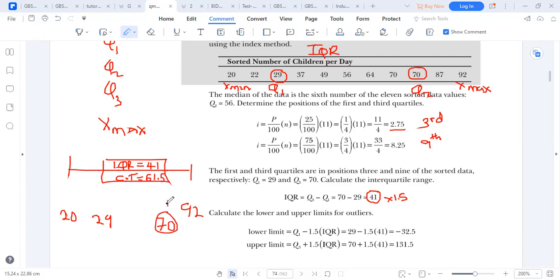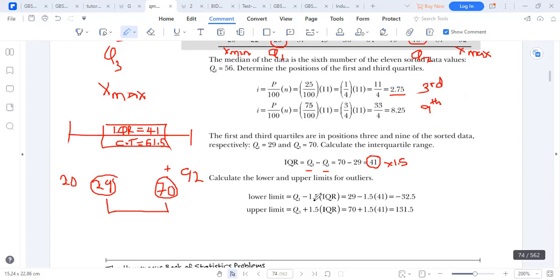Hello, Collins. I just want to find out where the 41 is coming from? The 41 is the difference between the upper and the lower. It's called the interquartile range. So you subtract Q3 minus Q1. So 70 minus 29, you get 41. Then you multiply this 41 times 1.5, you get the correction term.